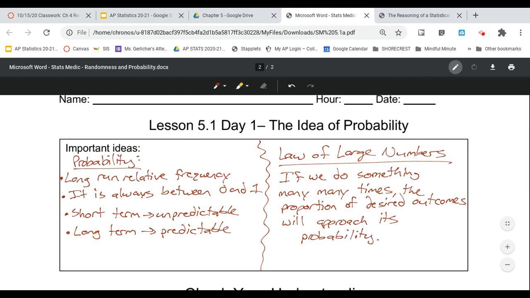So probabilities only talk about when it happens many times. Okay, so write that down and then pause the video and go do the check your understanding and then unpause it and we'll go over it.